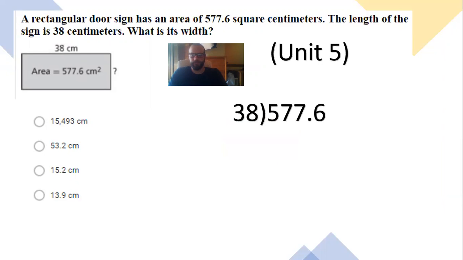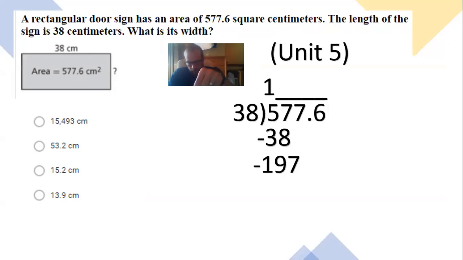Okay, here we go. 38 goes into 57 one time. And what's left over? 19. Bring down the 7. How many times does 38 go into 197? You can't count by 38s in your head? I can.